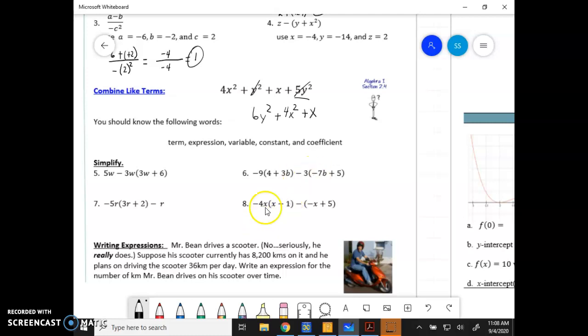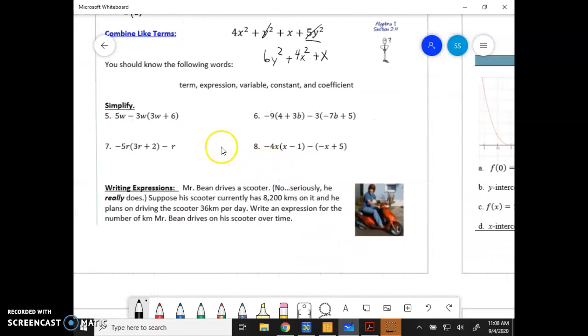Moving on, make sure you know these following words: like terms, expression, variable, constant, coefficient. If you don't, go ahead and I will link a video to 2.4. Term is just like one of these things here.